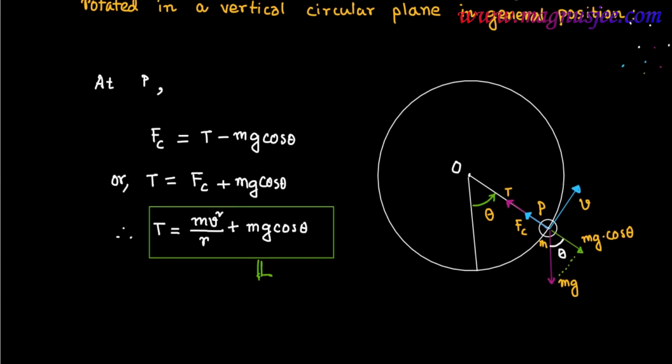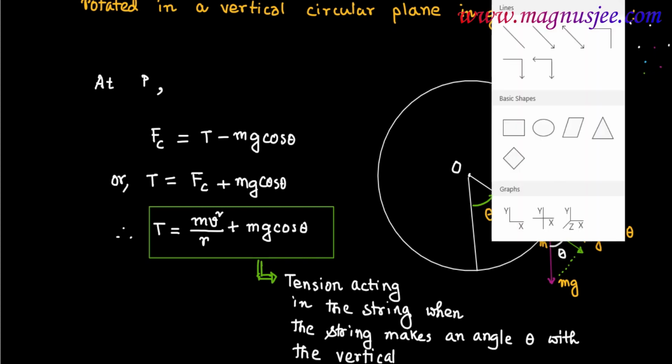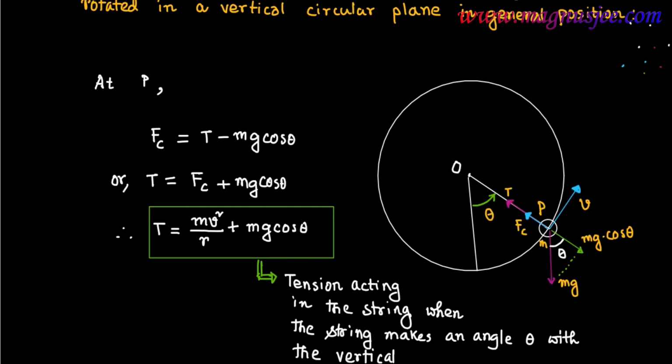This is the tension acting in the string in general position, that means when the string makes an angle theta with the vertical. T equals mv square by r plus mg cos theta.